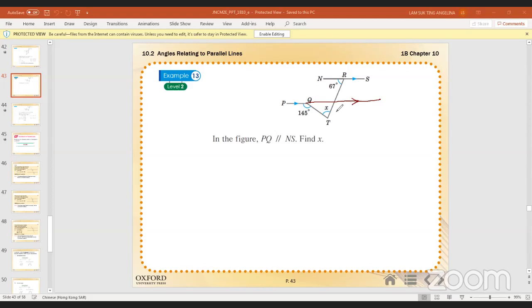You can give any name which is not used. Maybe this time we call it M. And in this case, what do we have? We have corresponding angles. Can you see that? And then we can find this angle, adjacent angles on a straight line. After we have found these two, then we can find X.